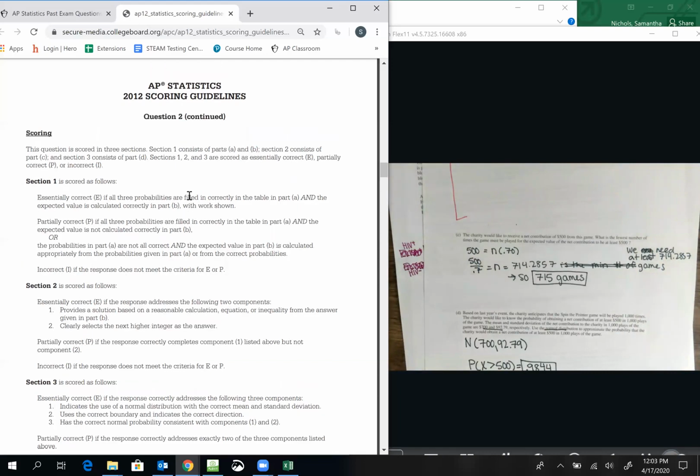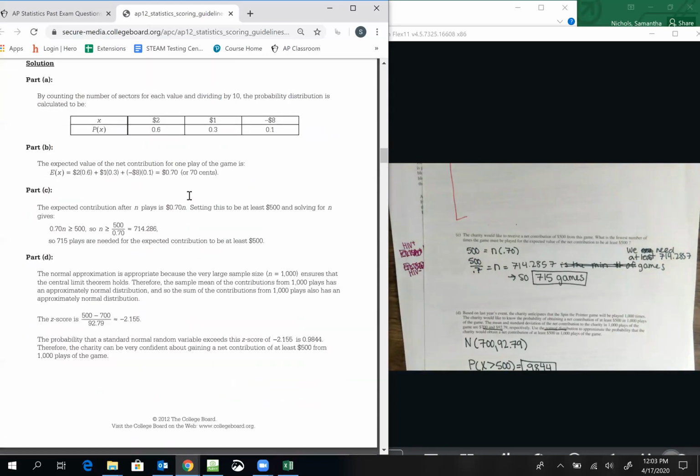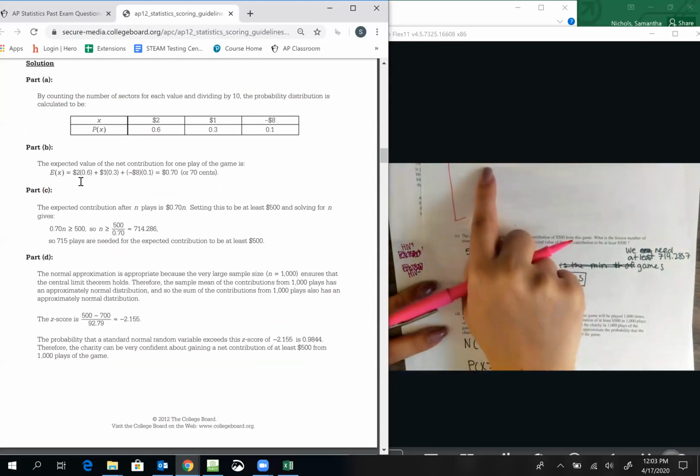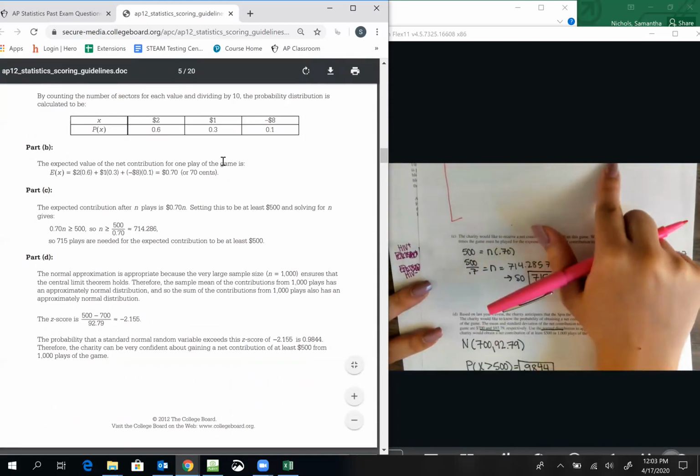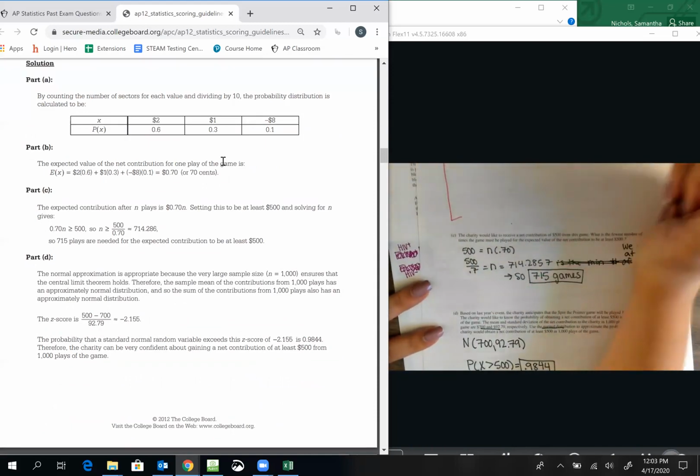So let's see what they got. Make sure you've shown your work like this, just like they did, and you should have gotten $0.70 or 70 cents, not 0.70 cents.